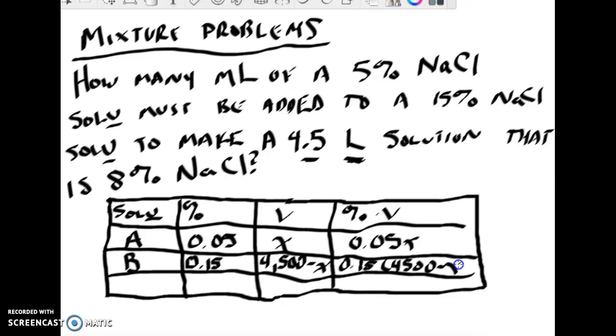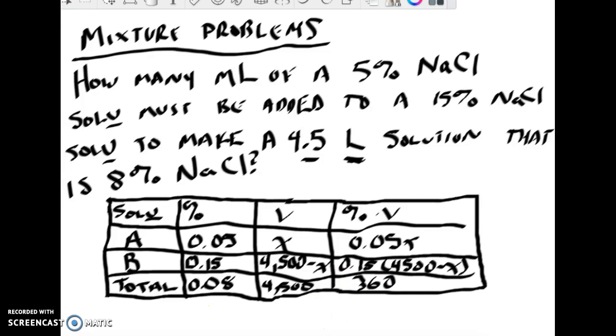It's an expression, so keep the parentheses around it. That's very important. And what we're trying to attain is 8% of 4,500, so 0.08 times 4,500, and we've got 360 is going to go in this far right box.